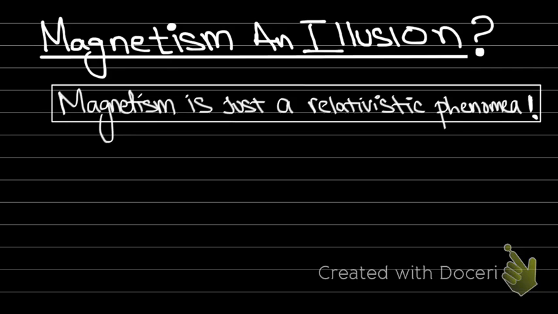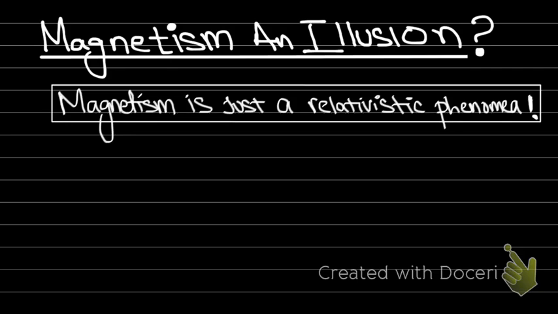Okay, so now let's start off with the assumption that we have never heard of something called magnetism, right? So we only have electricity at our hands. Now we will consider a string of positive charges moving towards the right with a velocity positive v, and negative charges moving towards the left with negative v velocity.